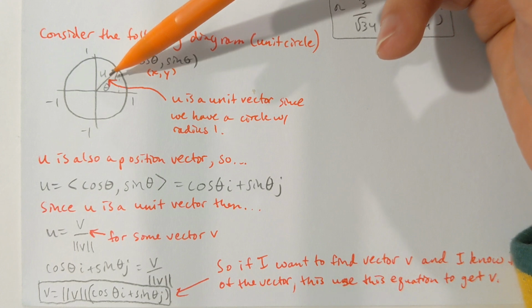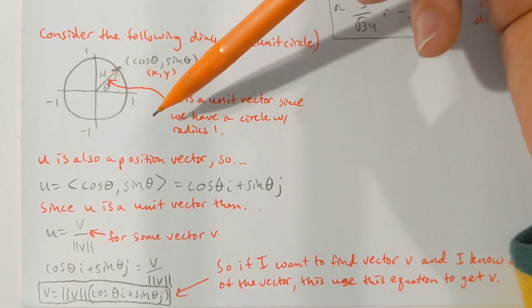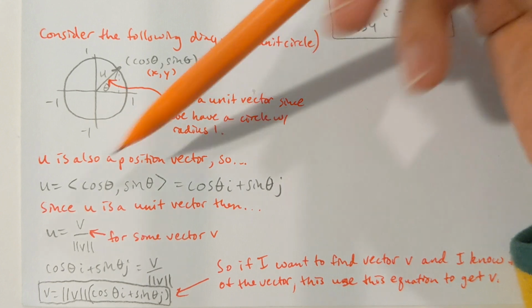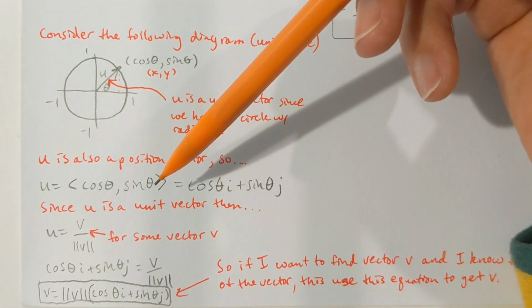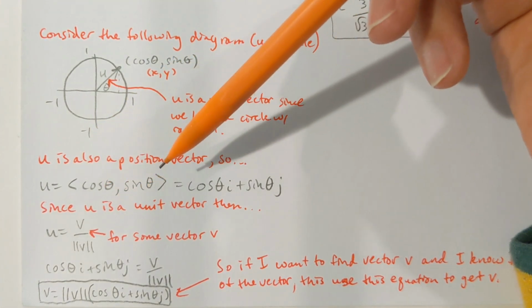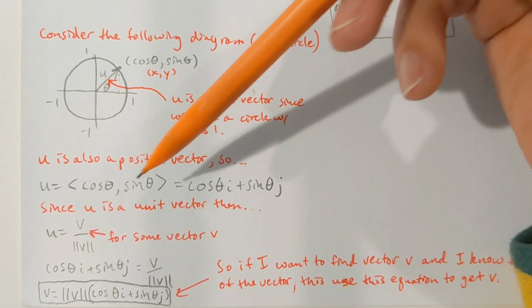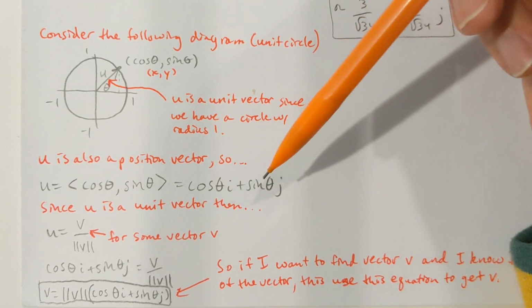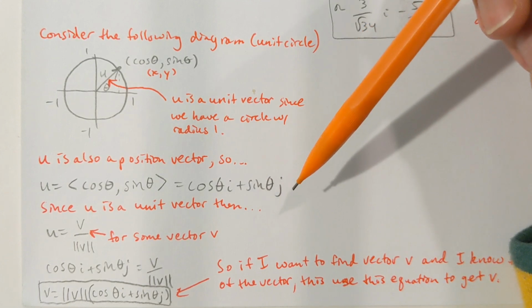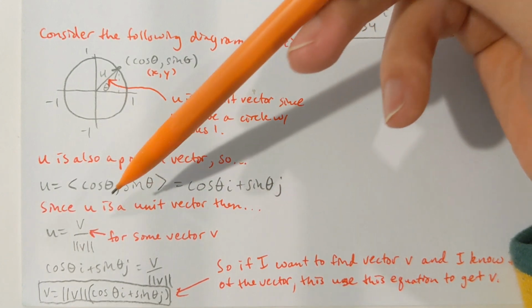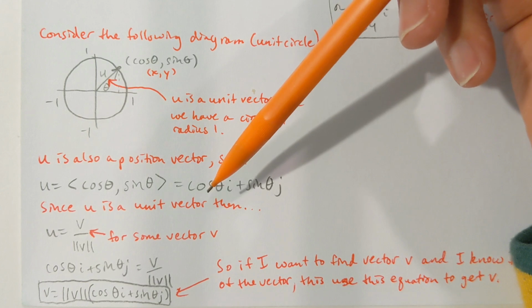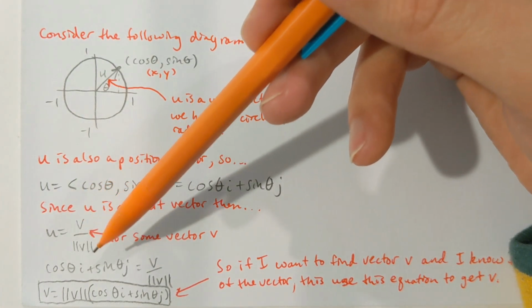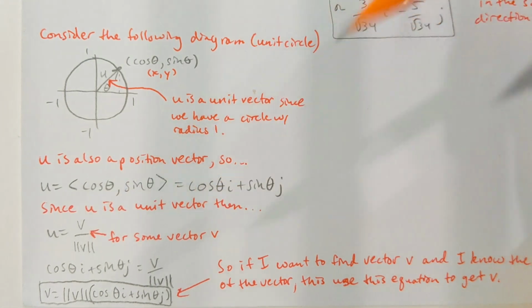The hypotenuse has a measure of 1, and so therefore y would be represented by sine theta. So vector u in the position vector form would be the vector <cos theta, sin theta>, or cos theta i plus sin theta j if you're using the ij notation. Since vector u is a unit vector, then vector u is equal to vector v divided by the length of vector v for some other vector v.